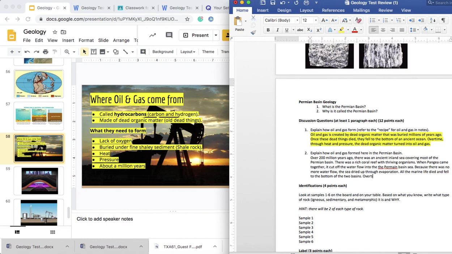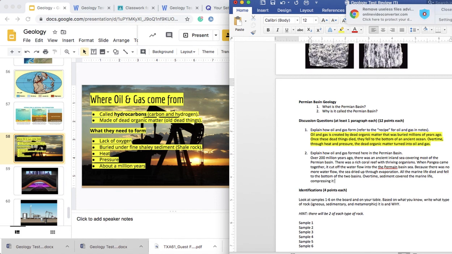Over time, sediment covered the marine life, compressing it and heating it. Eventually, it turned into oil and gas. And that can be your answer right here.